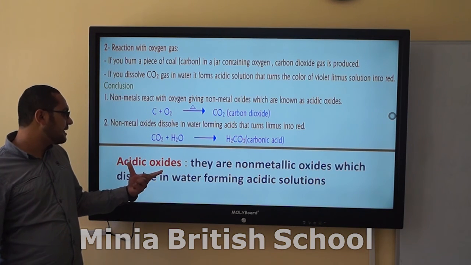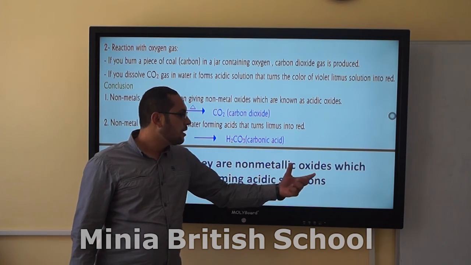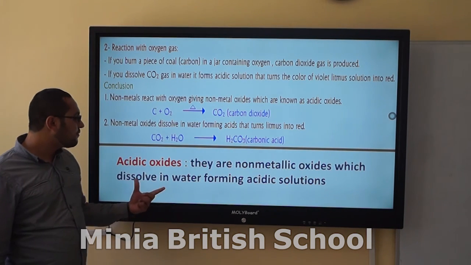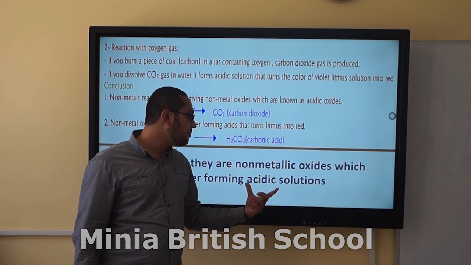So acidic oxides are non-metallic oxides which dissolve in water, forming acidic solutions.